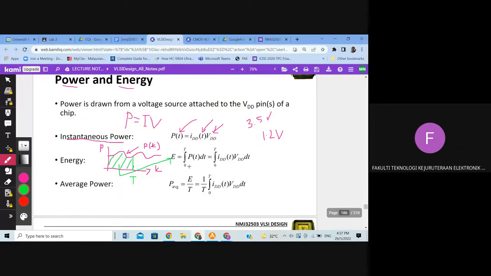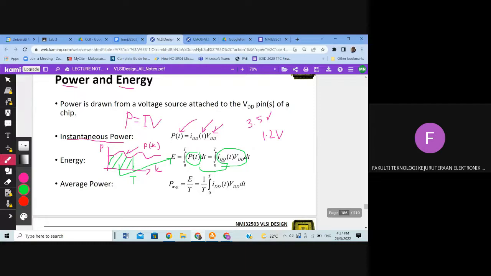So how do we get energy? It is the integration of P(t) over time from 0 until t. We substitute P(t) with I VDD. That's why we get the I VDD.